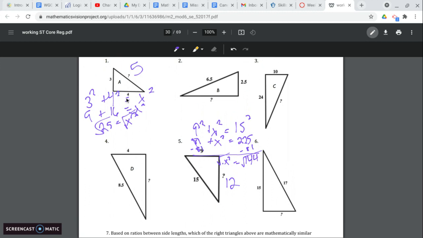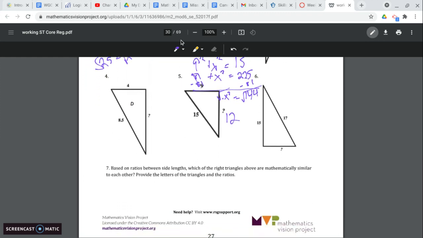So 3 and 4, we can multiply both of those by 3 and we'll get 9 and 12. So that means triangle A, and we'll name this one E, and this one F. So triangle A is similar to triangle E because 3 over 4 equals 9 over 12.